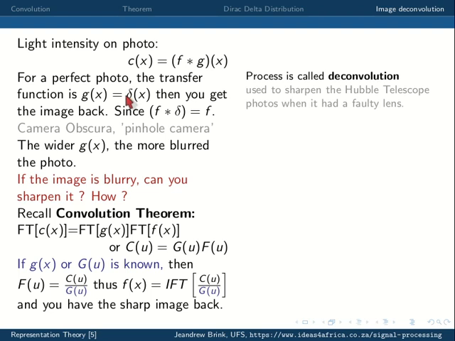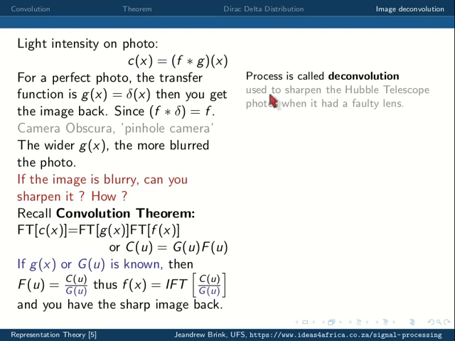If you take an image of a delta function, then the actual image you see will be your transfer function. So if you are able to find some point source that behaves like a delta function, and you get an image out, then that in fact is your transfer function.